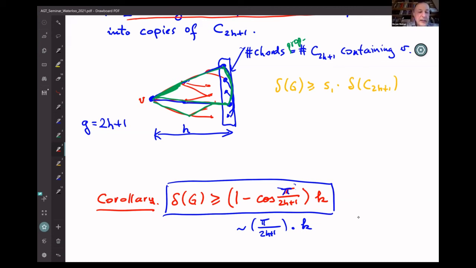No, I didn't, and I don't think it is related. One thing is that lambda n is related to the largest eigenvalue of the complement, if the graph is regular, let's say. I would say that would be the closer relationship.